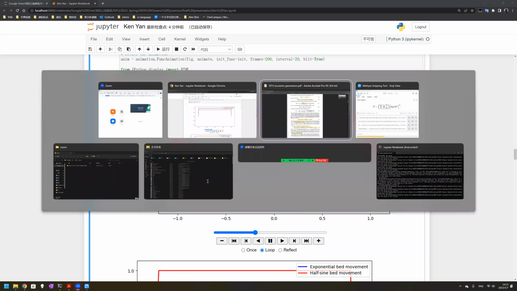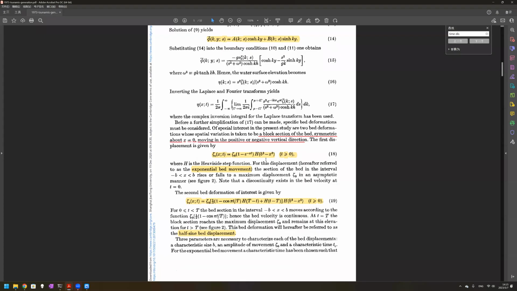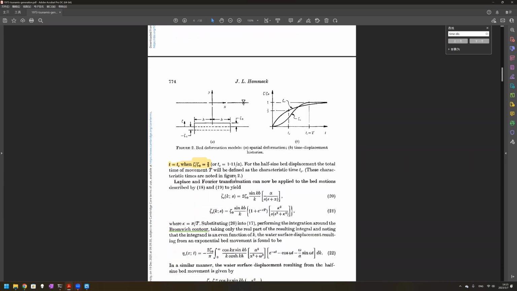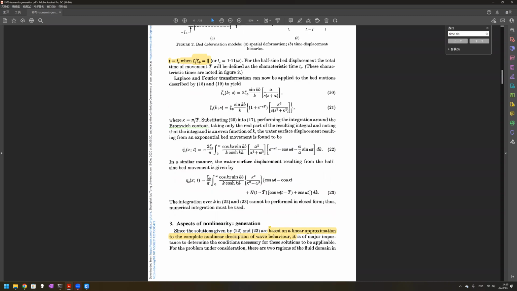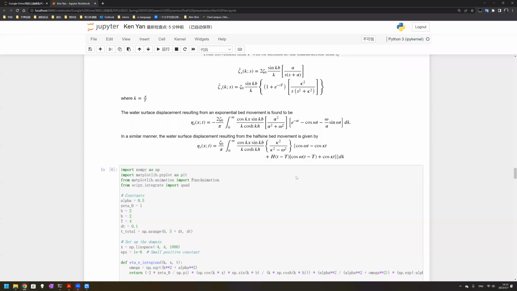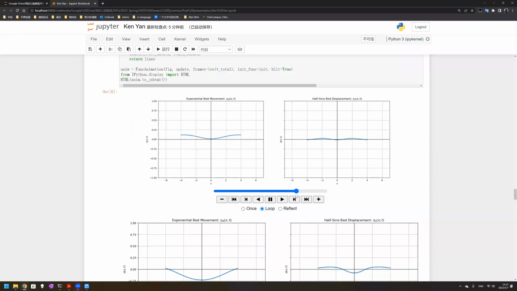So with these explicitly written zeta functions, we can plug them back here to arrive at the eta function. The explicit forms of eta exponential and eta half sine are written as these two functions. They're not very beautiful, but they can be numerically integrated, which I also did.